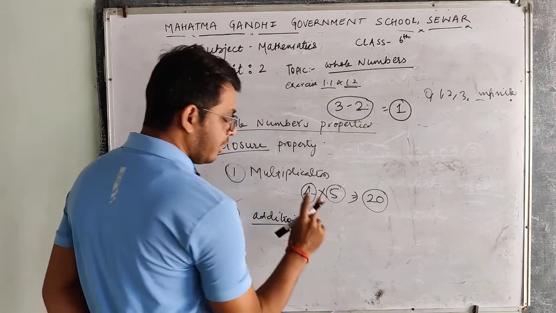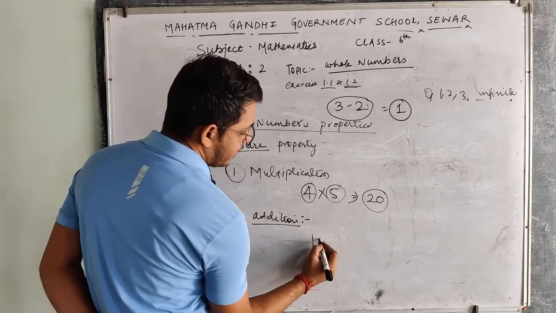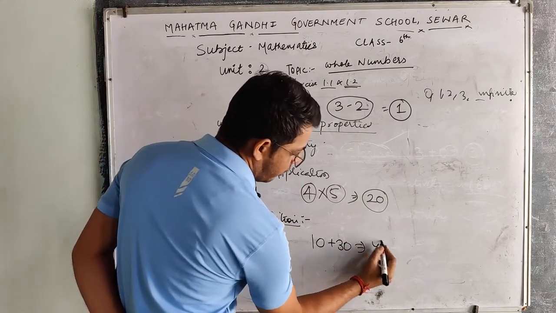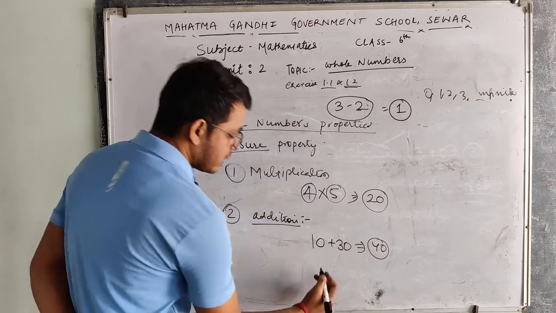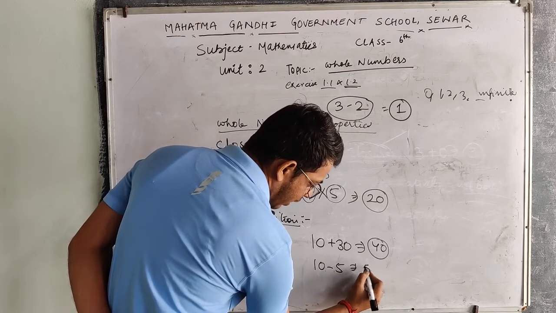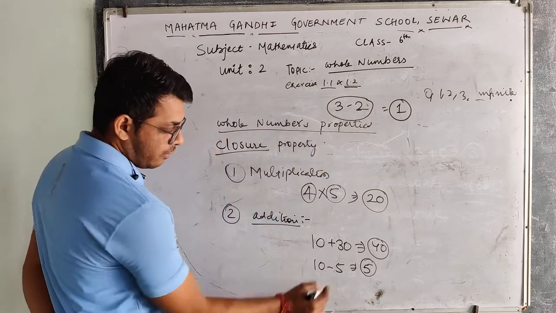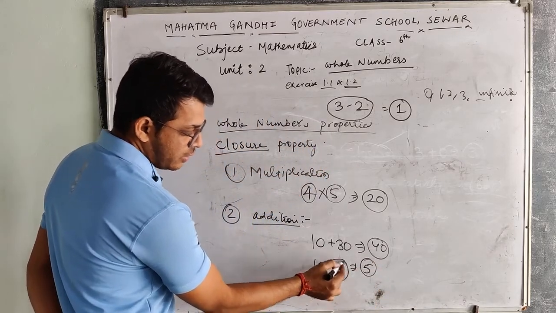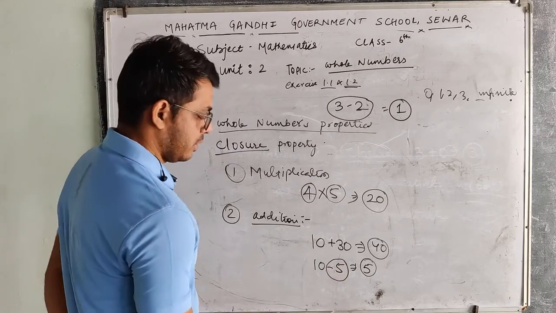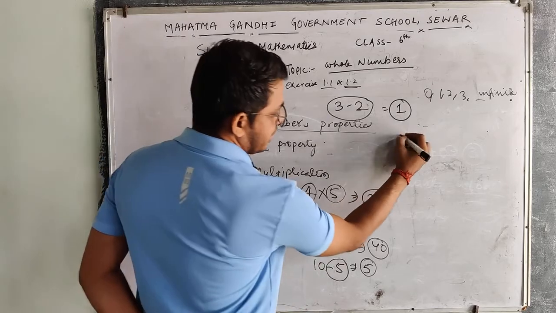If we are adding two whole numbers, if I add 10 plus 30, what will be the result? 40. But in place of this, I write 10 minus 15 is equal to minus 5. But minus 5 is not a whole number. It's a rational number, it's an integer.